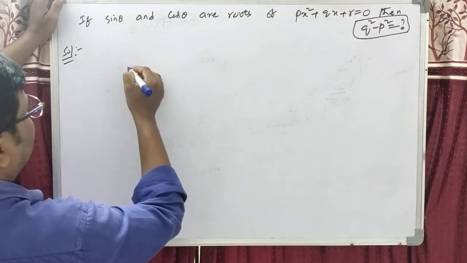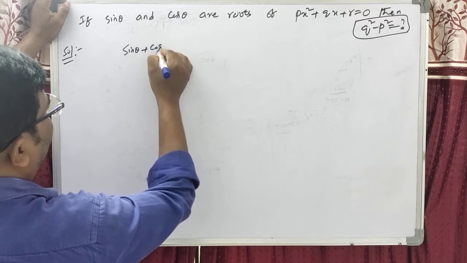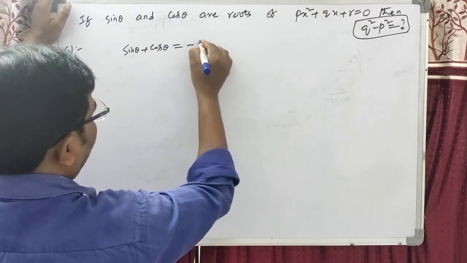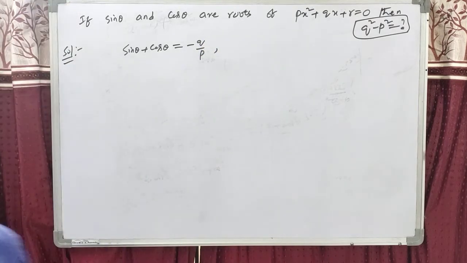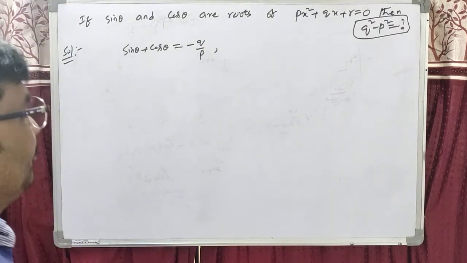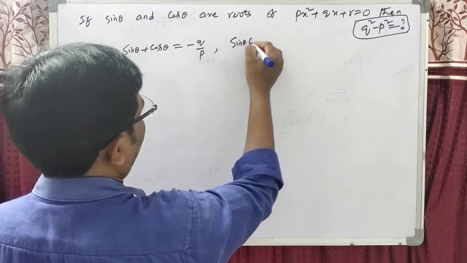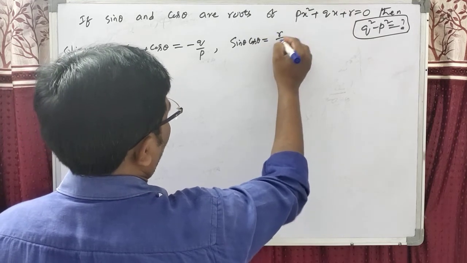First you can find the sum of the roots. Alpha plus beta is minus b by a, that is minus q by p. Product of the roots is c by a: alpha into beta, that is sine theta into cos theta, which is r by p.